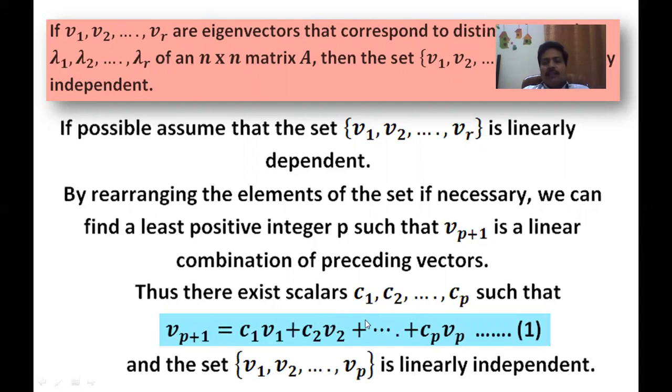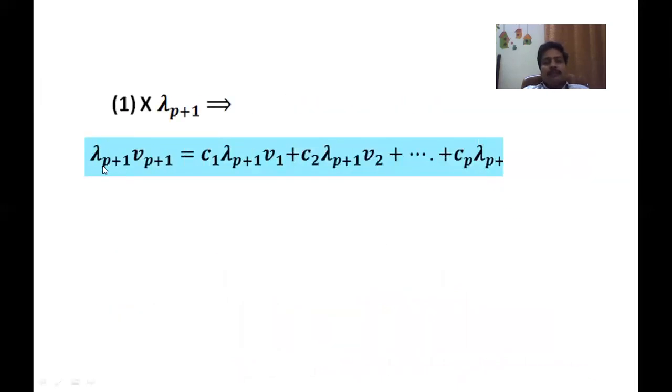For each vk, we are multiplying by lambda (p+1) here. Let us denote this equation by equation number 4.